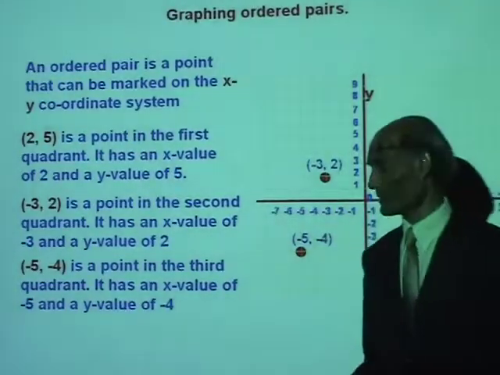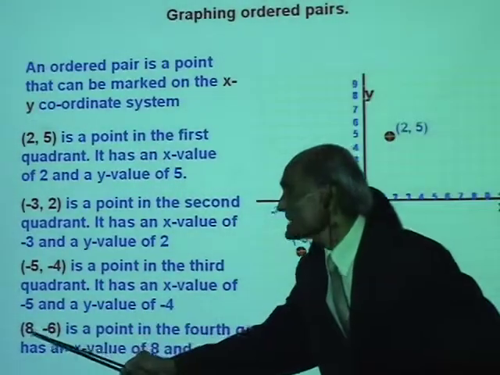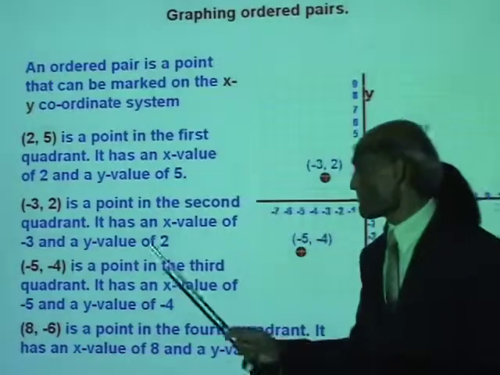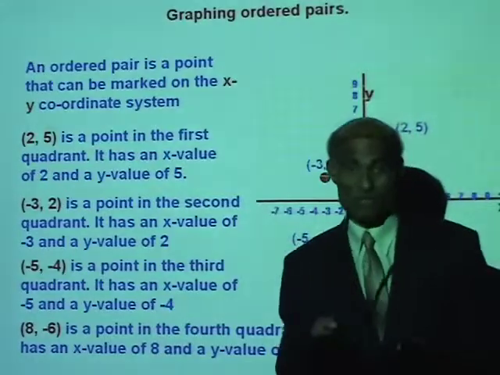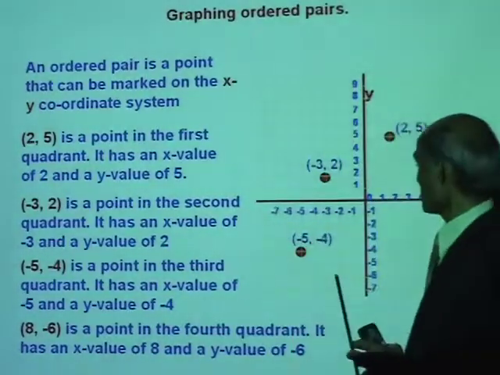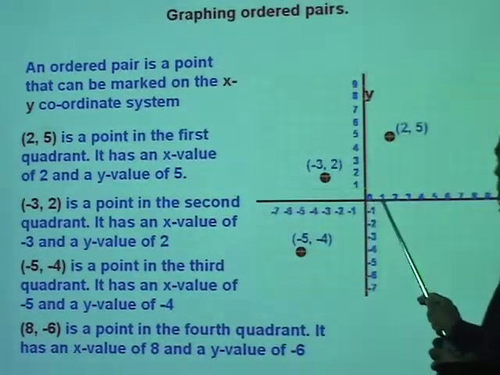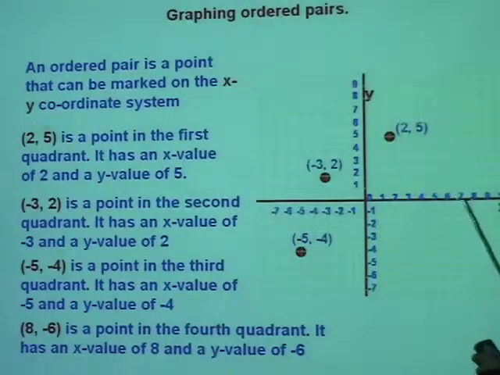Let's mark one more point. 8, negative 6. X is positive, Y is negative. I'm sure you can mark that point, can't you? How do you mark it? X is positive 8 and Y is negative 6.